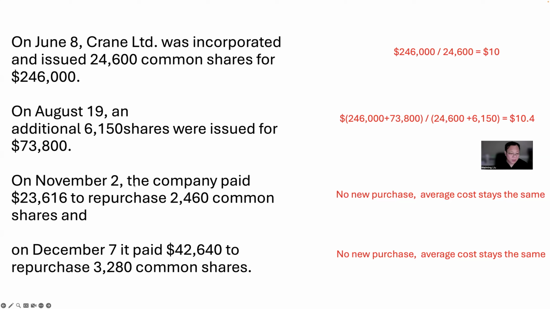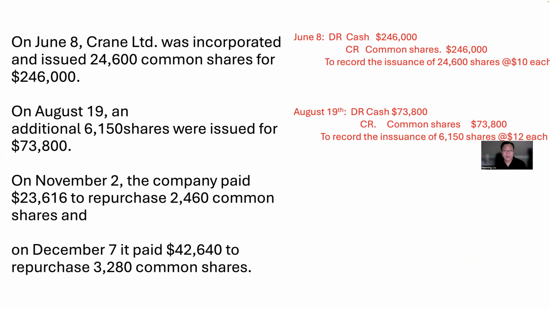So on December 7th, it paid this amount of money to repurchase this number of shares. Again, they were not issuing new shares, there's no investor purchase. Okay, so the average cost will stay the same. So $10.40.